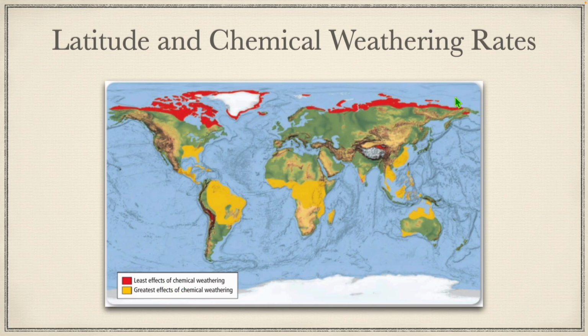Because these are near the North Pole, cold areas without a lot of rainfall. Areas like the west coast of South America also have little rainfall. The greatest effects of chemical weathering are in yellow here, close to the equator, where there is high rainfall. So high temperatures and high amounts of precipitation increase our rates of chemical weathering.